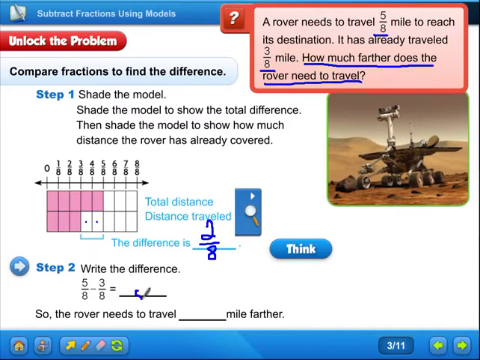So it's just 8. 5 minus 3 is 2. If your bottoms are the same, subtract your tops. 5 minus 3 is 2. So the rover needs to travel 2/8 miles further. All right, let's go to the next one.